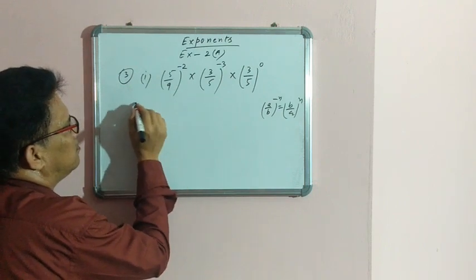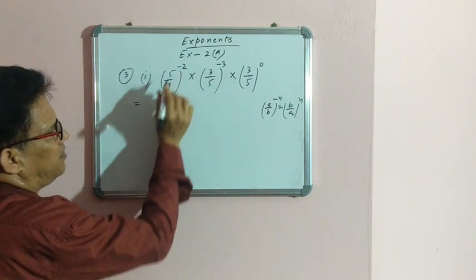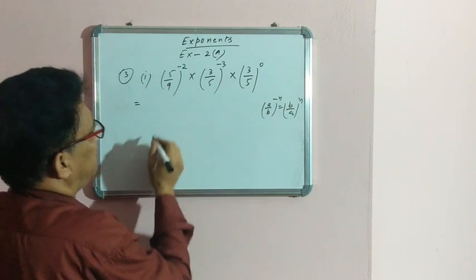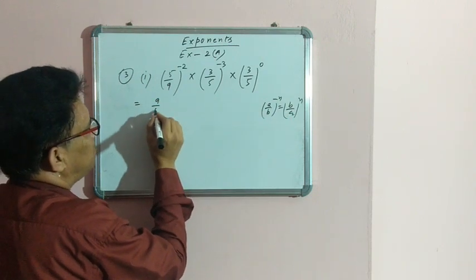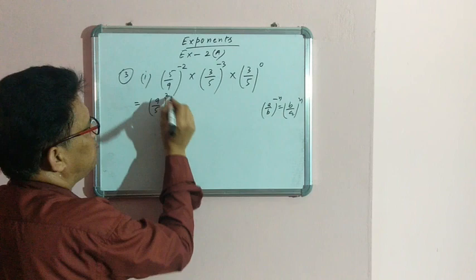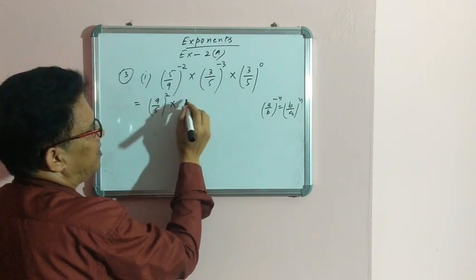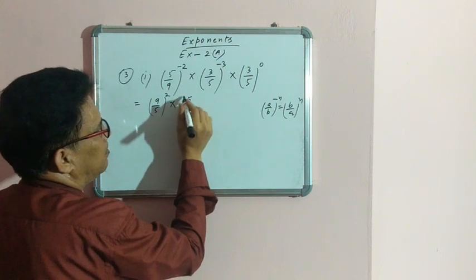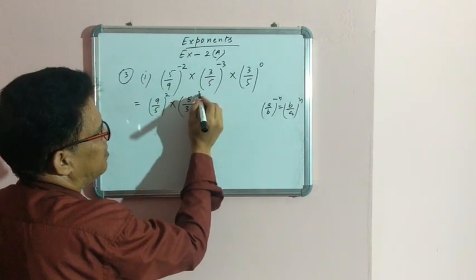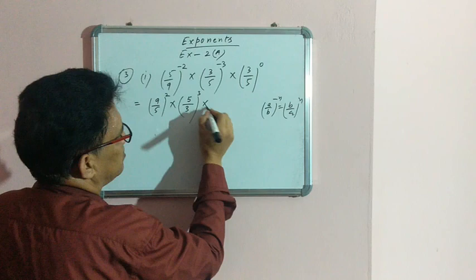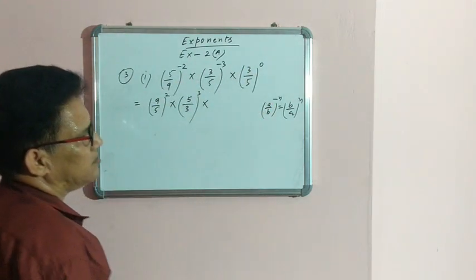So this is equal to 9 by 5, a by b then b by a, 9 by 5 power 2, into the same thing we will do here. This will become 5 by 3 power plus 3, and this is (3 by 5) power 0.